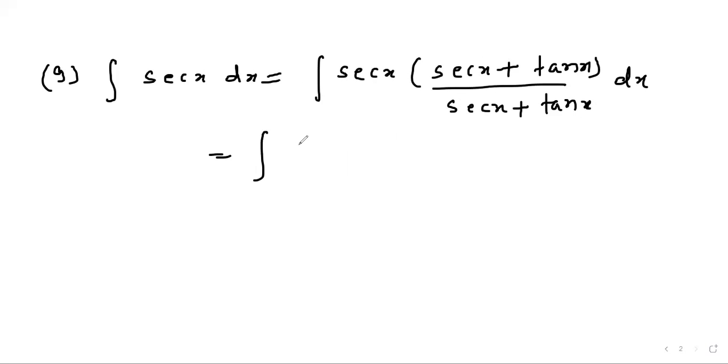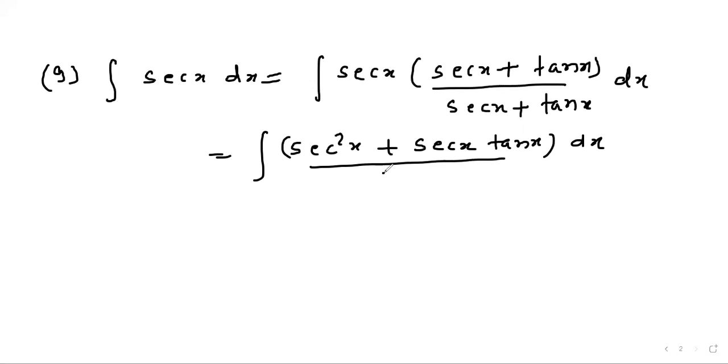So in numerator it becomes sec square x plus sec x tan x whole times dx divided by sec x plus tan x.